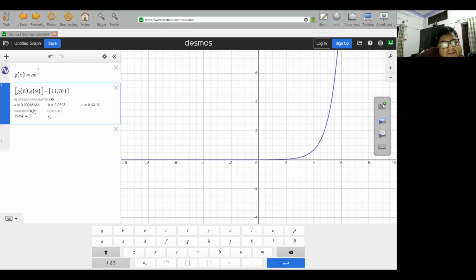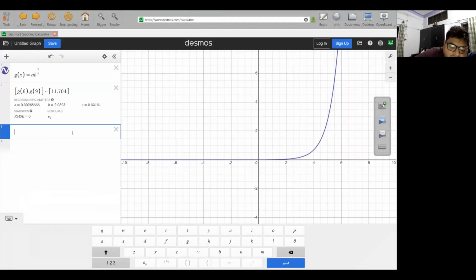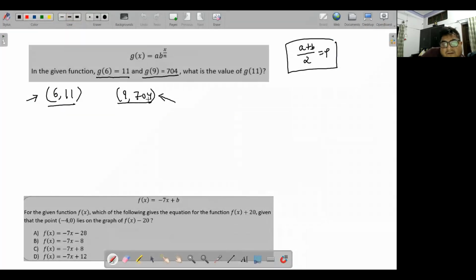Now here they will give you the value of a, the value of b, and the value of n. And the question asks what is the value of g of 11. So you can just type g n of 11. It automatically gives you the answer, which is 11264. So the answer is 11264. Anybody has any doubt?